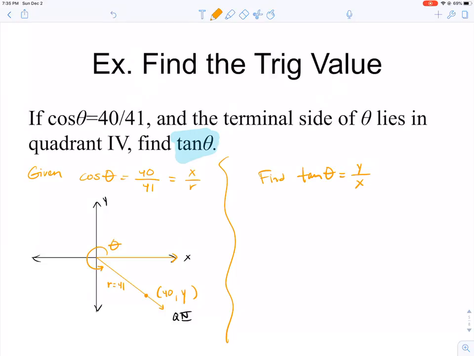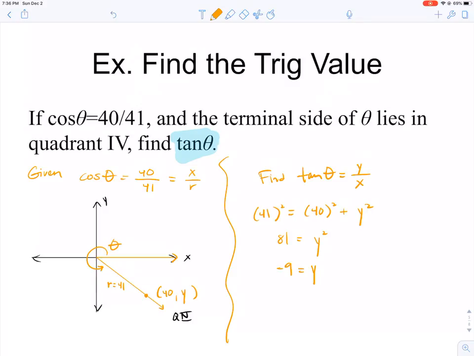So we need y, and we can use the Pythagorean theorem. y squared will end up being equal to 41 squared minus 40 squared, which is 81. If we take the square root, we are in quadrant 4, so y should be negative.